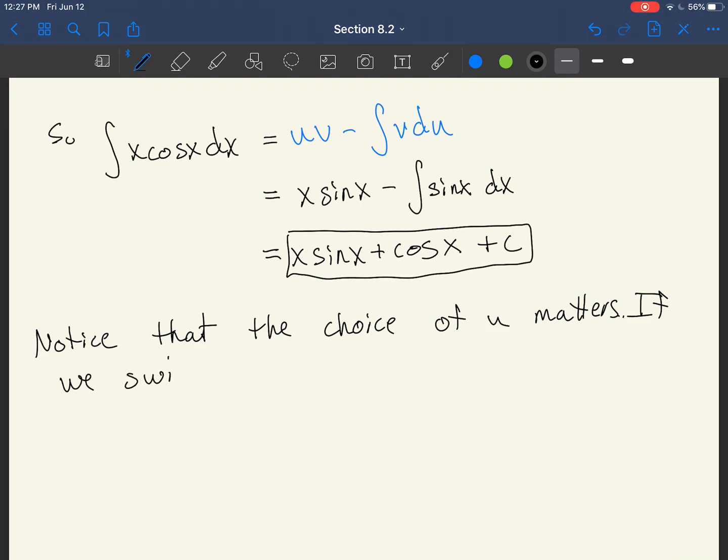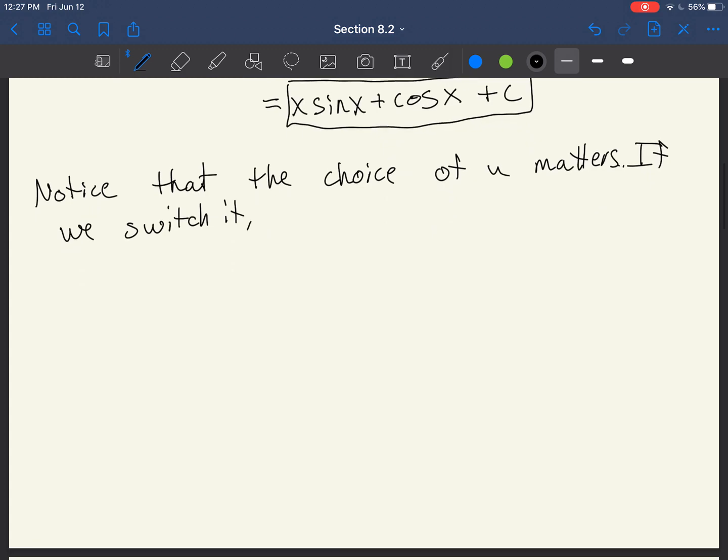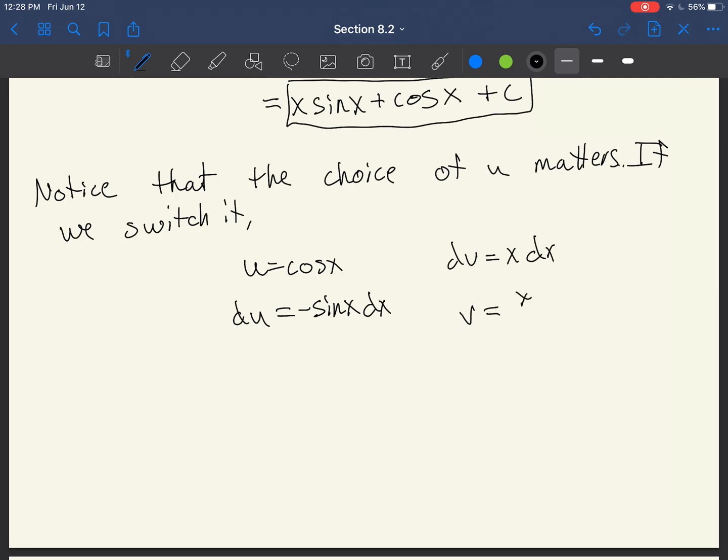So if we switched it, and by that I mean if we said u was cosine x, dv was x, differentiate u, you get negative sine x dx, integrate dv, and you get v equals x squared over 2.